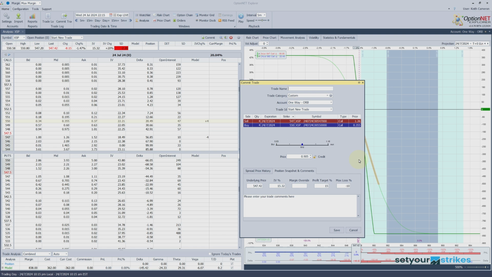I think I've taken it from a bot that has some other criteria that's not exactly what the spreadsheet is doing. So that average credit received is not applicable when you're always just going right at the money like this. I think the bot excludes certain trades with a bad risk reward. So this is the first strike in the money. I don't think it would ever go further in the money than that.